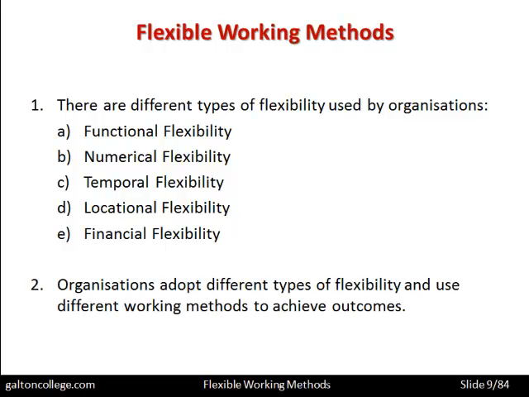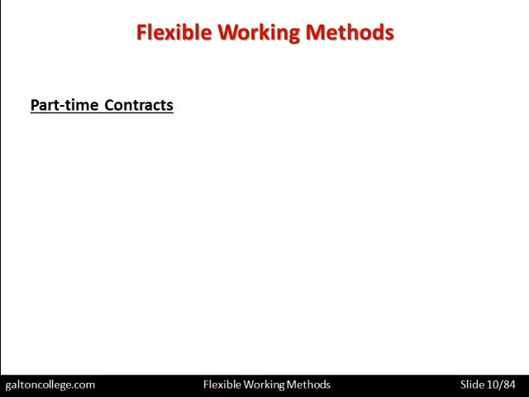So organizations adopt different types of flexibility and use different working methods to achieve outcomes. Most organizations have some element of flexibility built into their procedures in terms of employing staff on different contracts or for different time periods and so on. So it's quite a wide-scale practice.